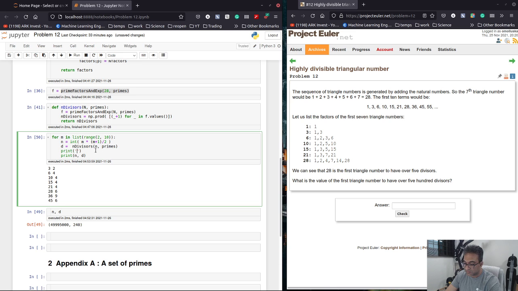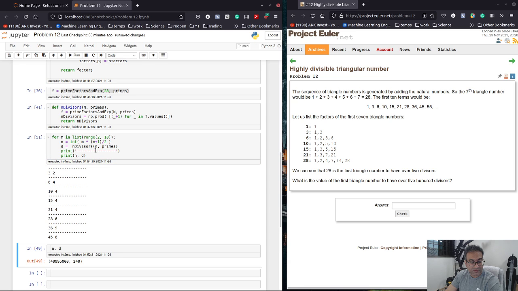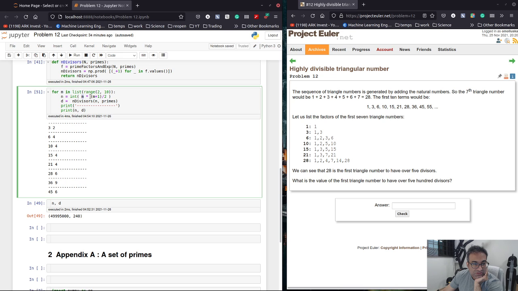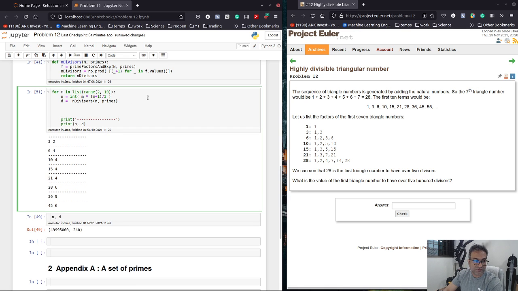Print. Okay. But what we want to do is memorize this so that it doesn't have to calculate something all the time, and we can also do the prime factors. Instead of calculating the prime factors of this, we can calculate the prime factor of this and this individually.